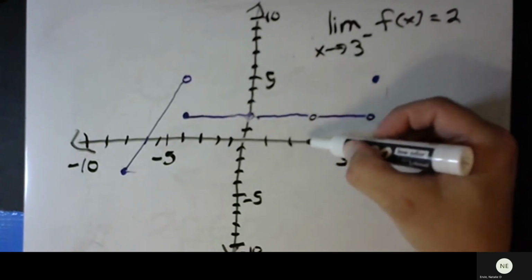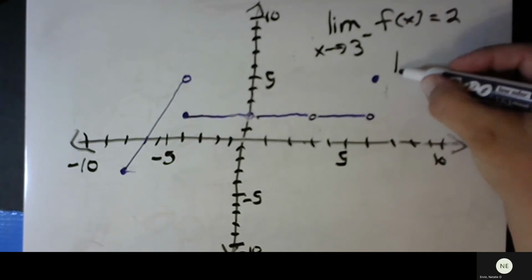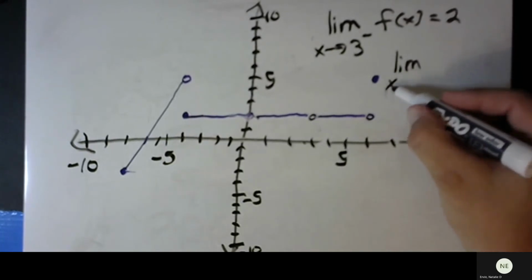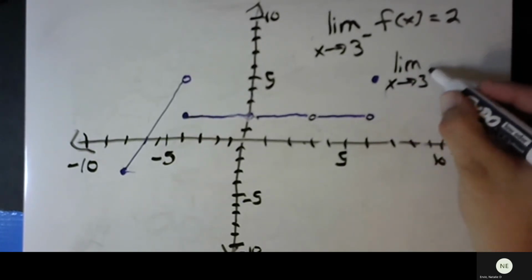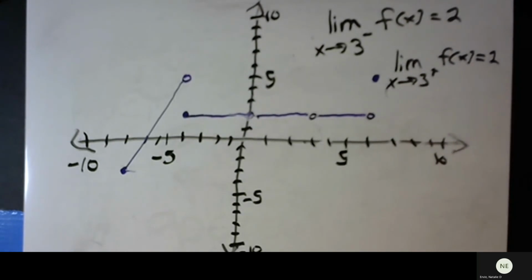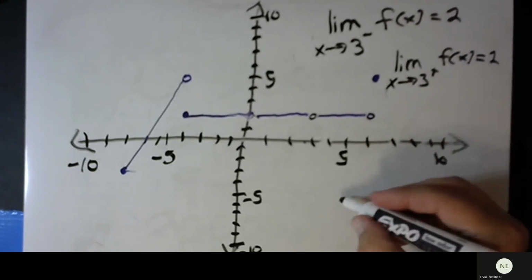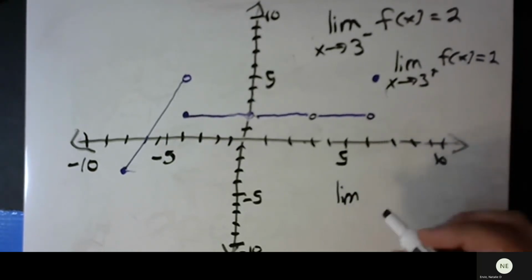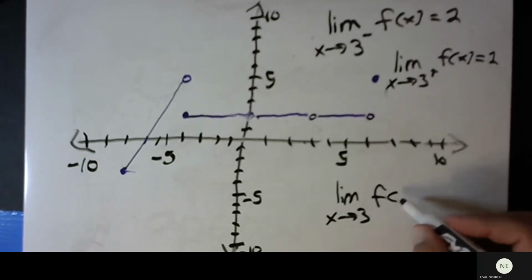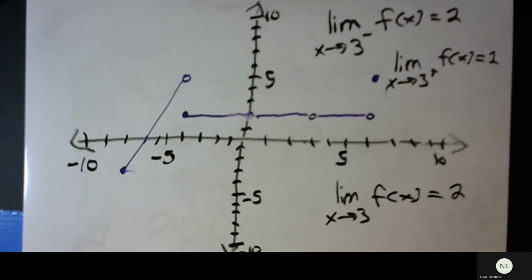So as we're near x equals 3, we have function values of 2. And same thing if you're approaching from the right. Because the left limit and the right limit are both equal to 2, the general limit will then equal 2 as well, just like with 0.